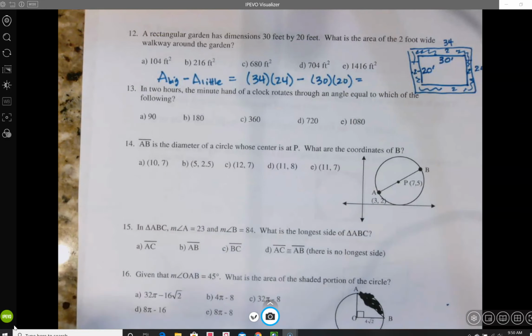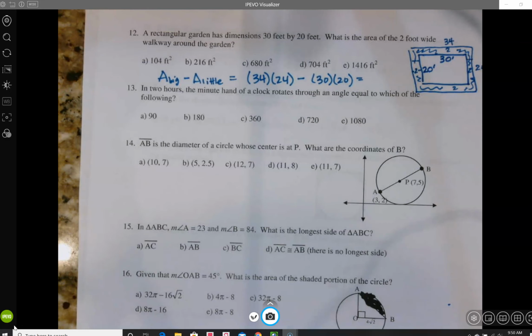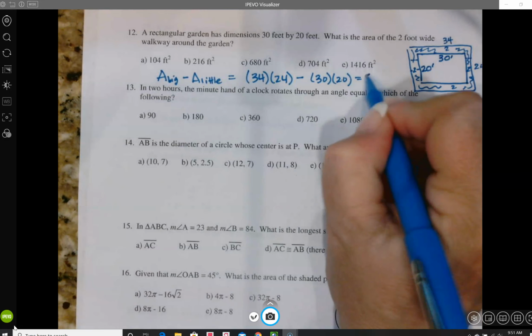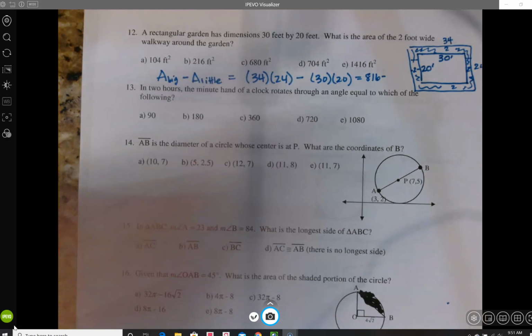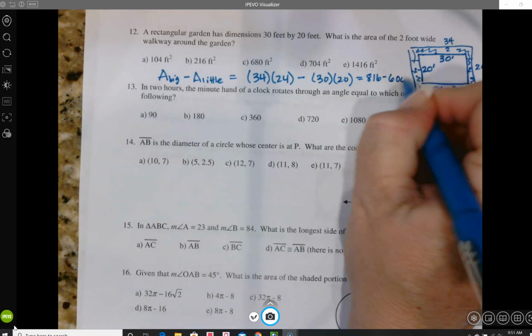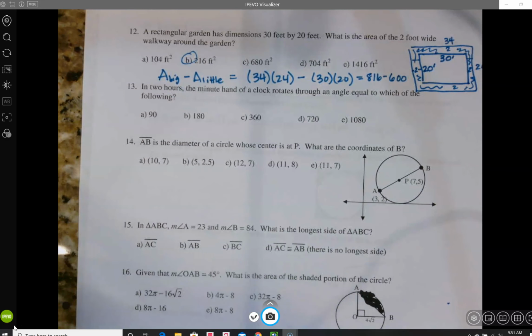So I'm going to get out my calculator and just do the math, and I don't have a TI calculator at home, I'm just using my iPhone. So 34 times 24 is 816, and 30 times 20 is 600. So 816 minus 600 is going to give me 216.